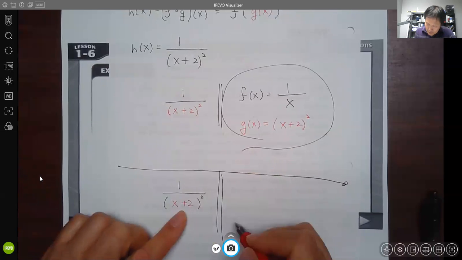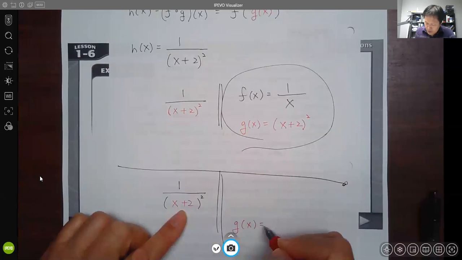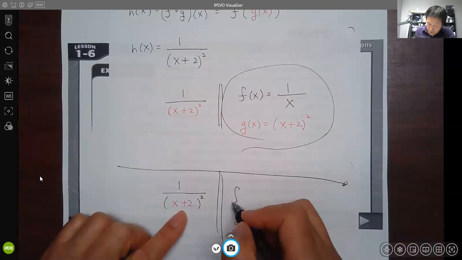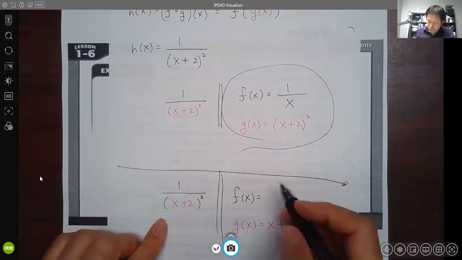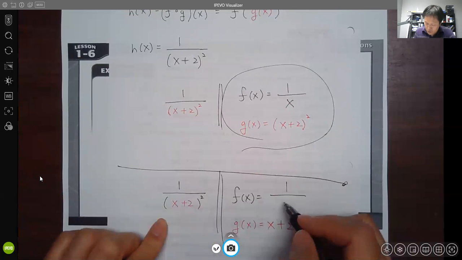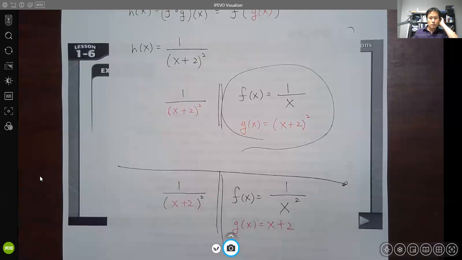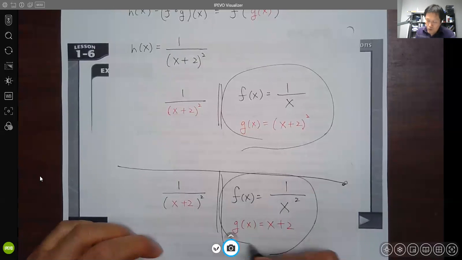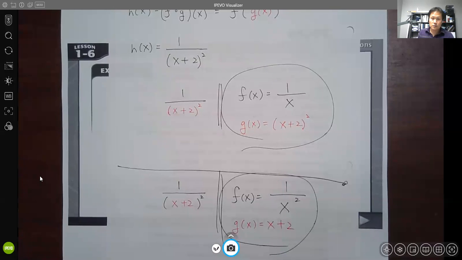So g of x becomes x plus 2. Then what is f of x? Well, f of x is 1 over something squared. What is that something? x. So this is also a correct answer of decomposition. So you have two options here.